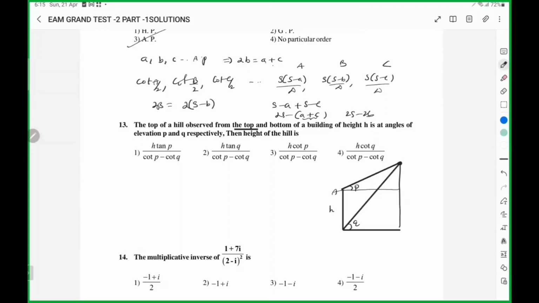Let us say AB and CD are equal. Call this X, this L, and this H. Cot P will be X by L, and cot Q is X by H plus L.